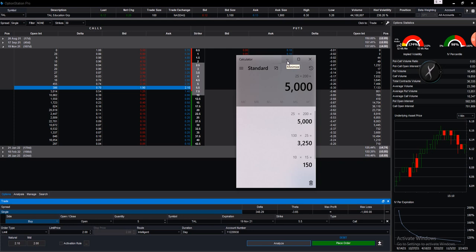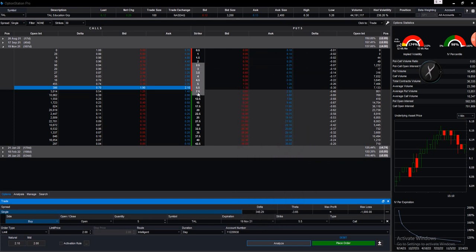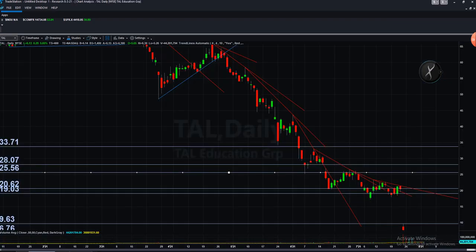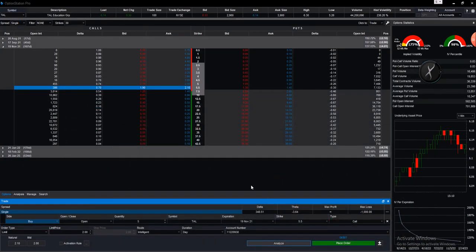Now let's do another example for a $5 move within one of those channels I was talking about. Like one of these areas. So 20.62 to 25.56. That's about a $5 move.